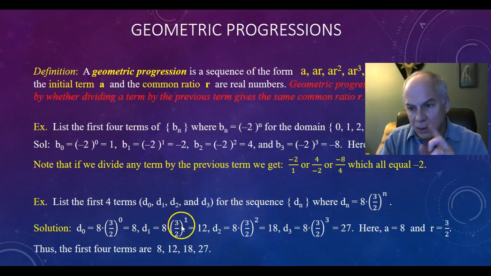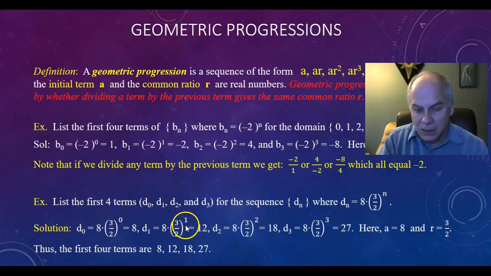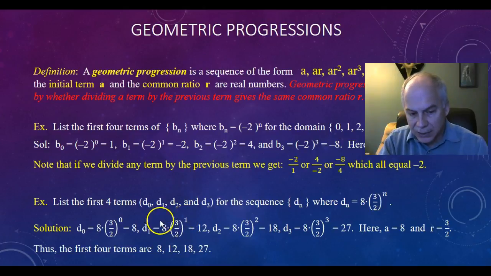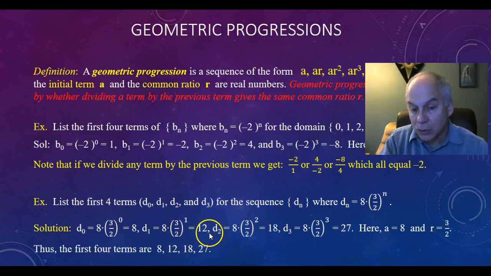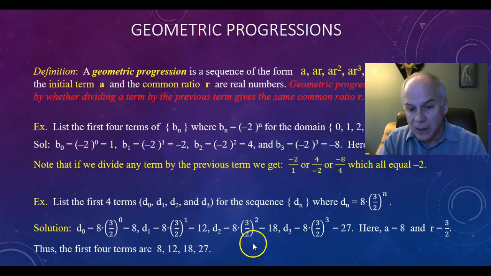When I plug in 1 for n, we have 8 times 3 over 2 to the first power. And the 2's cancel, leaving 4 times 3, or 12. So the second term is 12. If I plug in 2 into this function, we have 3 over 2 squared, which would be 9 over 4.